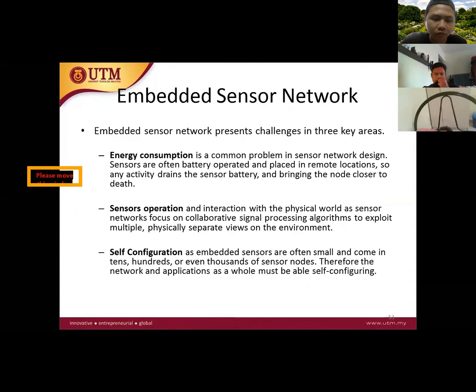So there are main challenges, which can be divided into three key areas. The first is energy consumption. Because the embedded sensor is placed or integrated in a remote place or on a remote object connected to the network, it is not practical to have a wired power source.